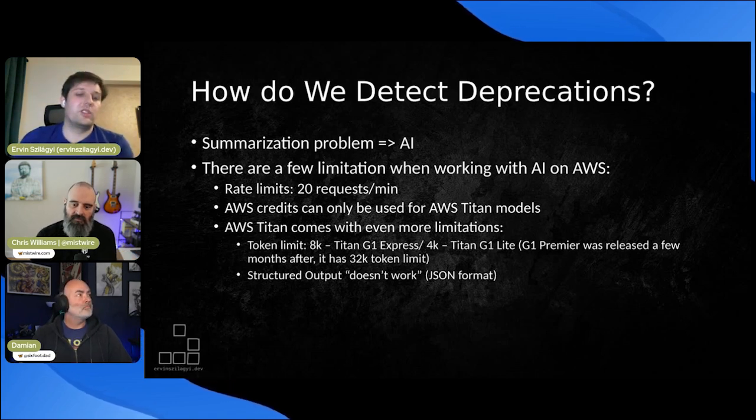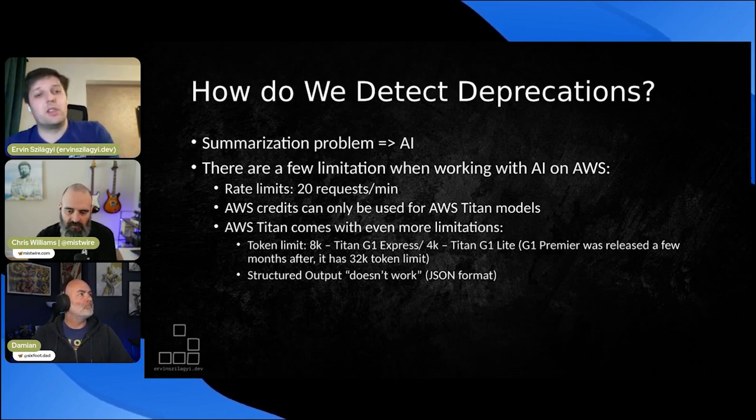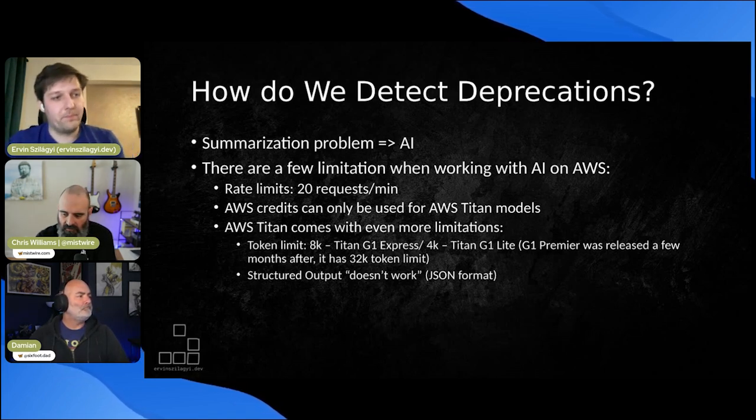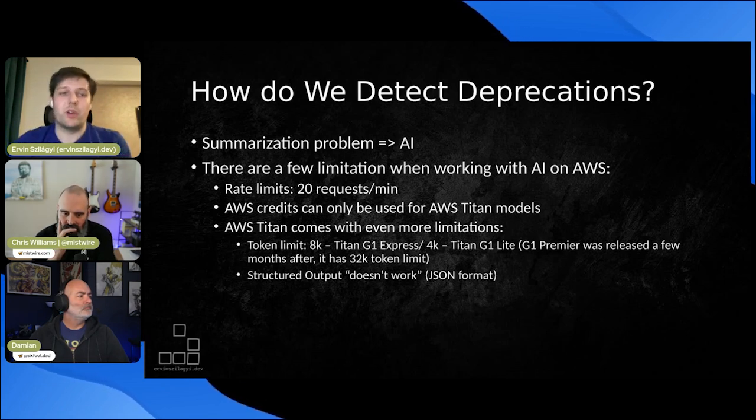So you would want a small summary which tells you that these services are getting deprecated. In order to do this, I wanted to get a structured output. By structured output, I mean I wanted to prompt the LLM to return JSON with two fields.